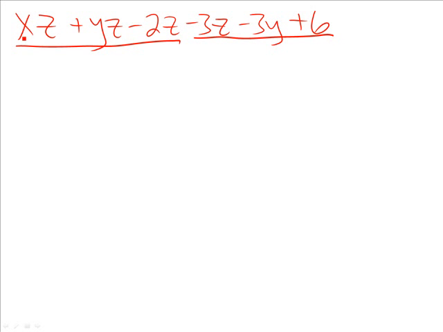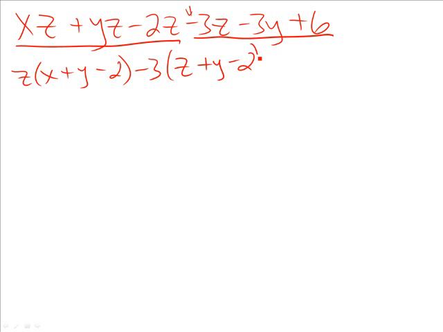And factoring then, we have a common z, leaving us with x plus y minus 2. We have a common negative 3 because of the leading negative, leaving us with z plus y minus 2. Factor out the common z, x plus y minus 2, and we're left with z minus 3.